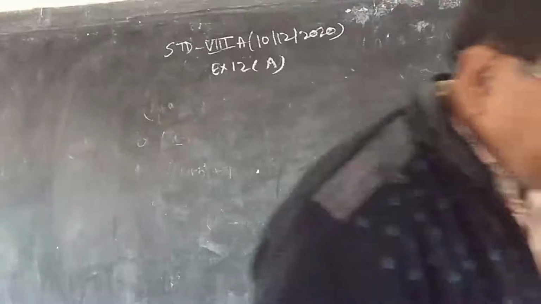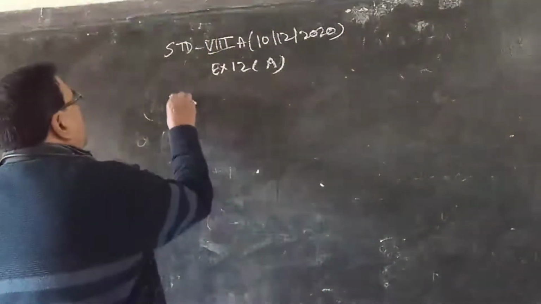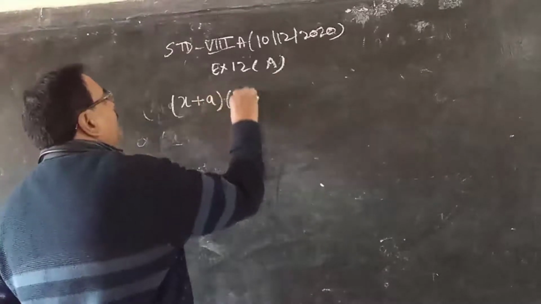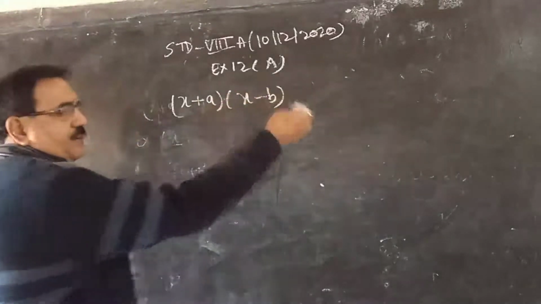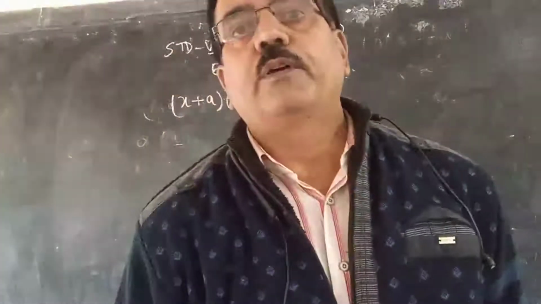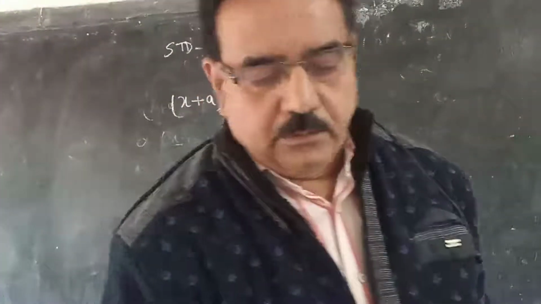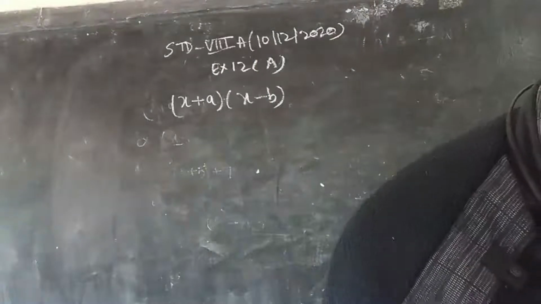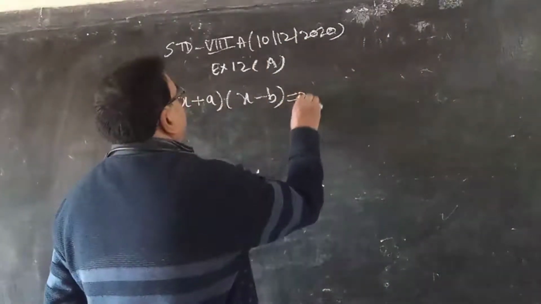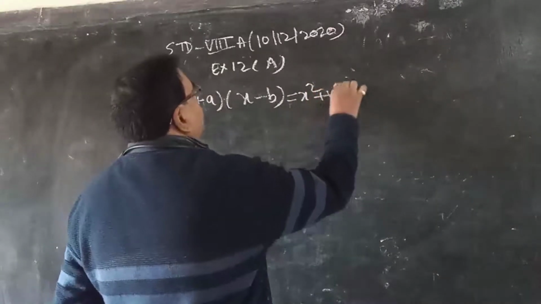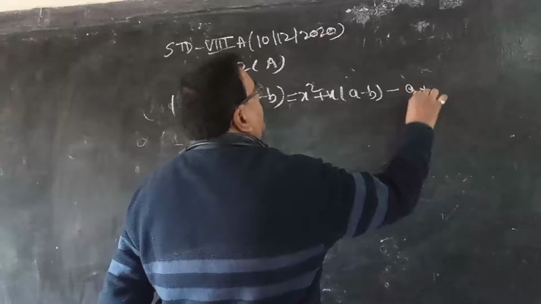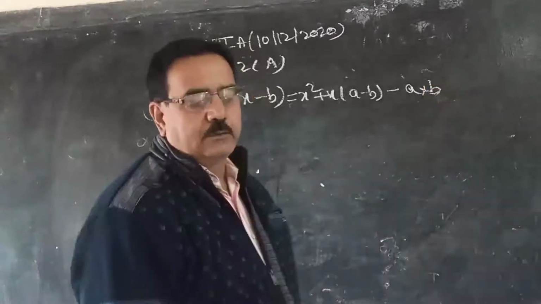Second, (x + a) and (x - b). This is also not based on the formula (a + b)(a - b). Right. So what is the formula for this? The formula is x² + (a - b)x - a·b. This is the formula.